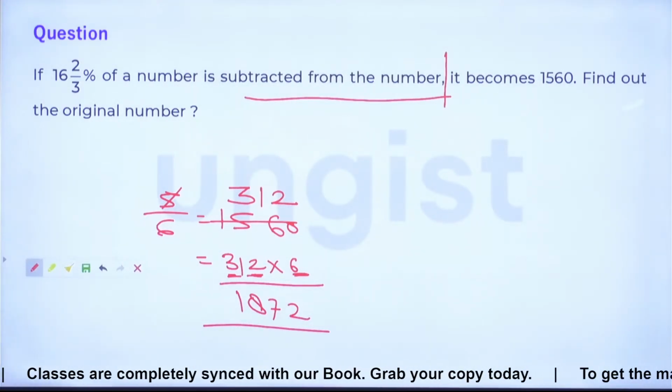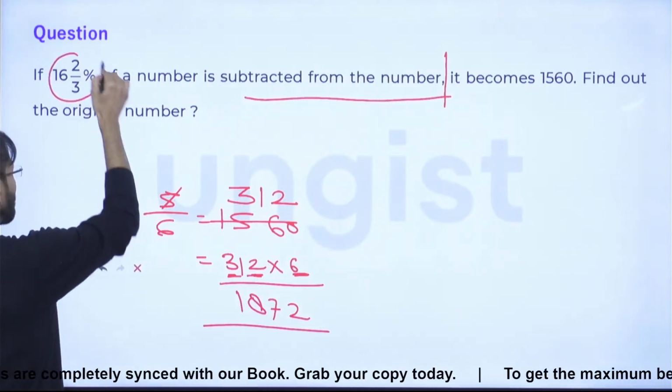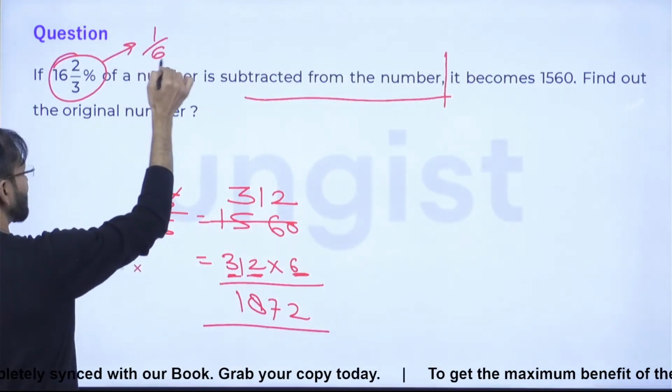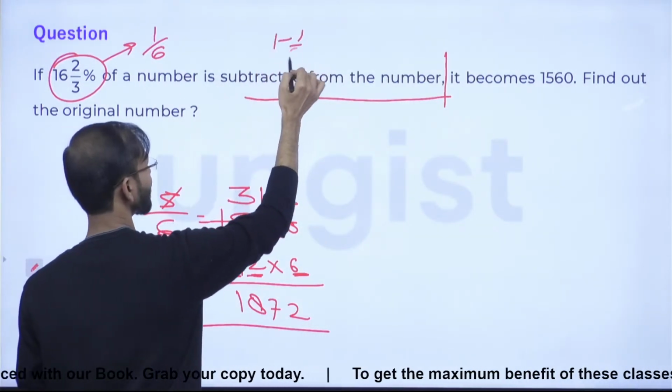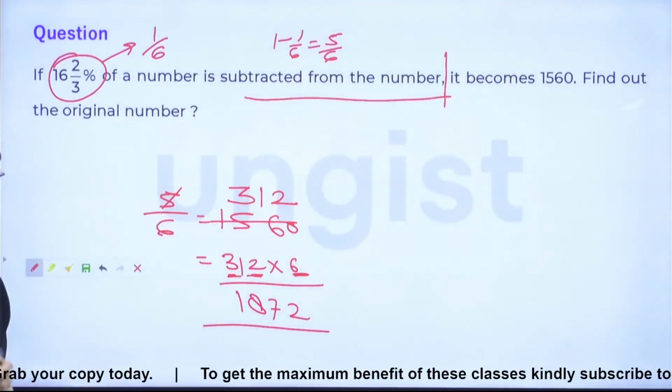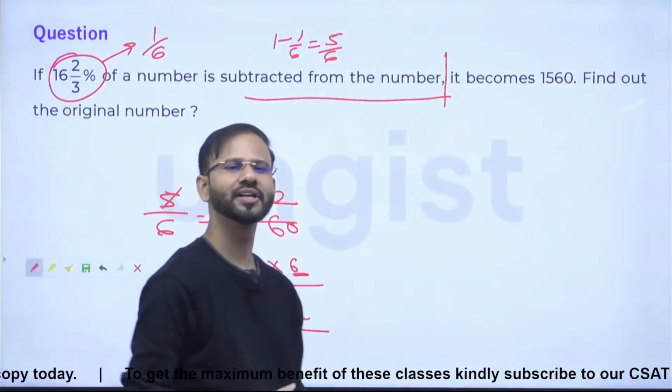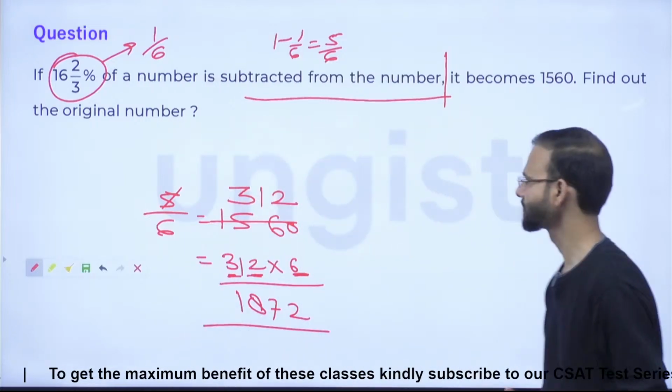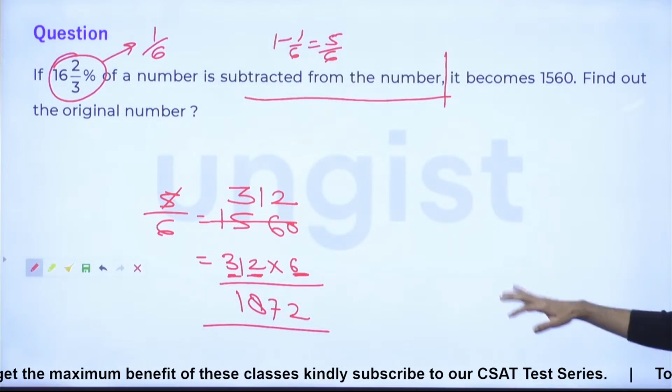Okay? Yeah. This time the question is saying if 1 by 6 of a number is subtracted from the number, so which is 1 minus 1 by 6, that becomes 5 by 6. So the original number will become 5 by 6 of itself, and which is given as 1560. Right? Okay. All of you fine now?